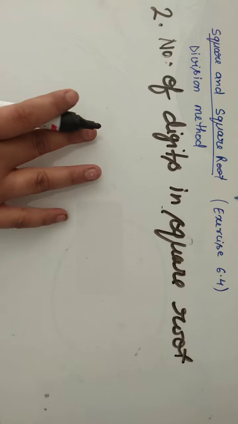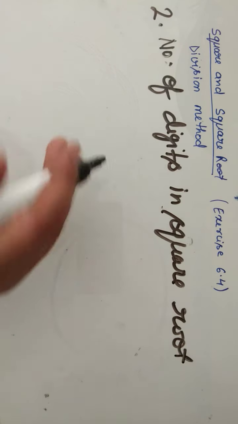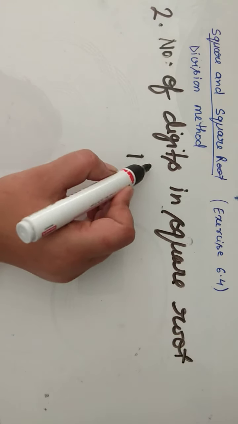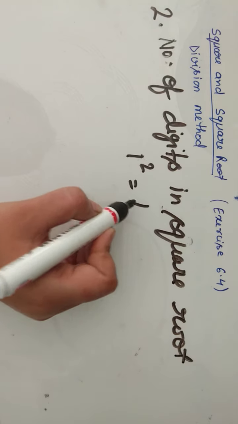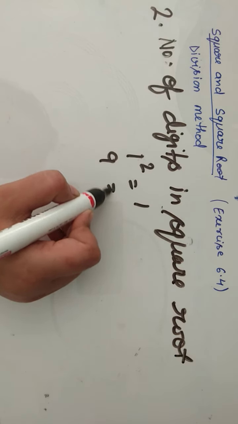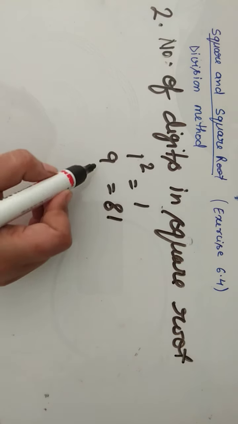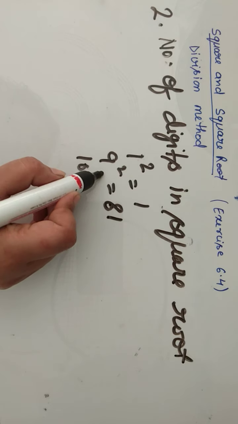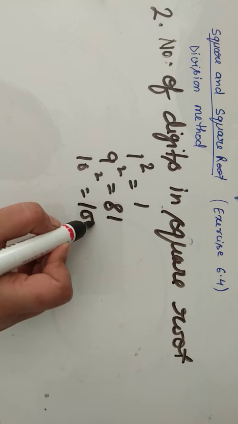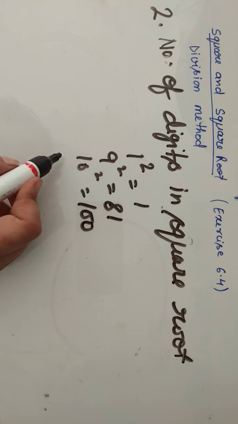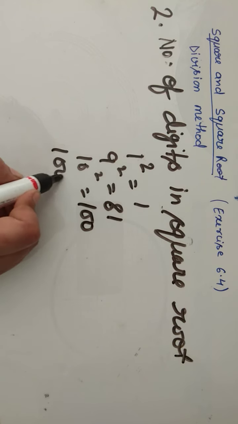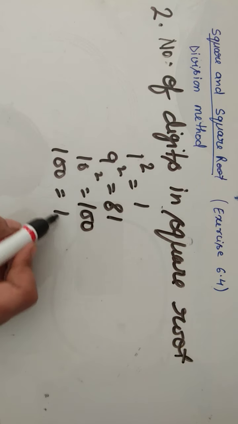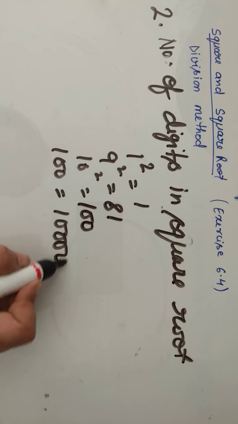So you have to find the number of digits in the square root. Just see the examples we initially saw. When we square 1, we get 1. Square of 9 is 81. Square of 10 is 100.